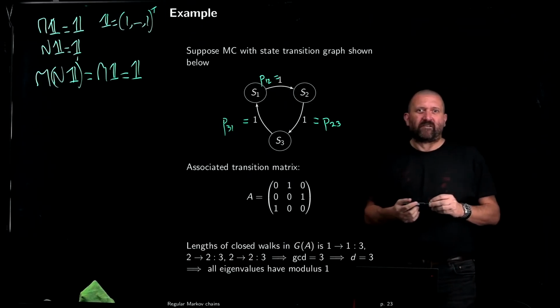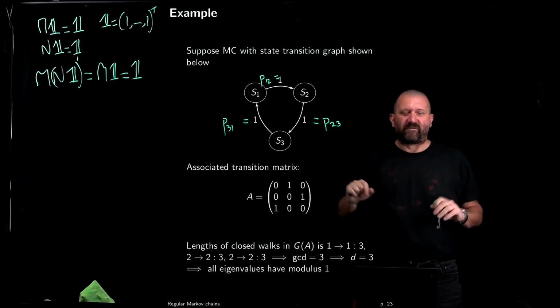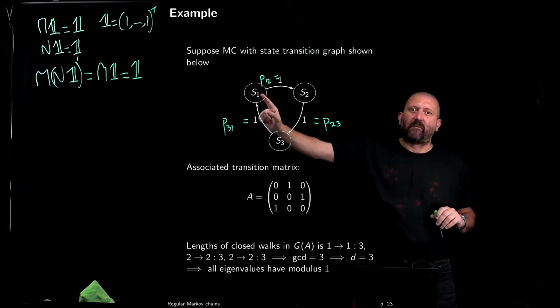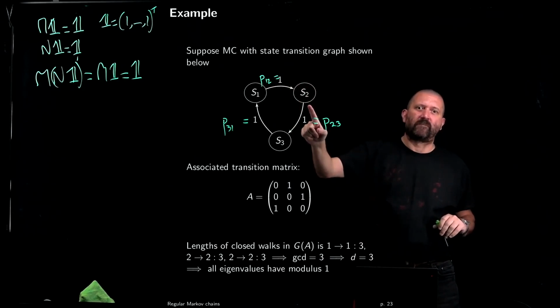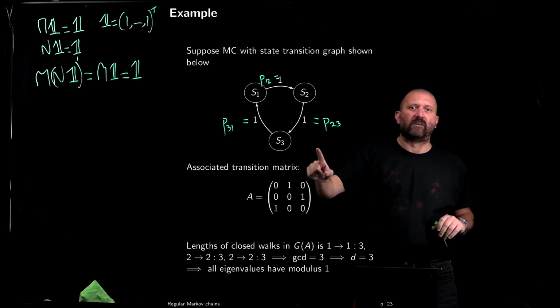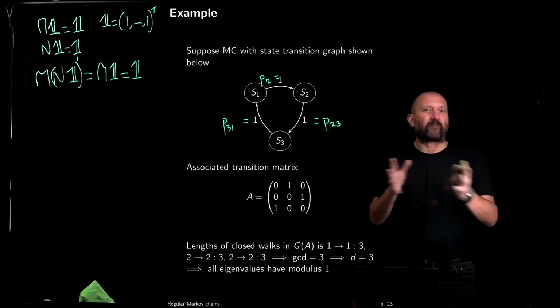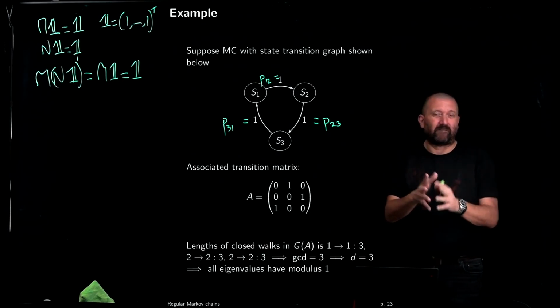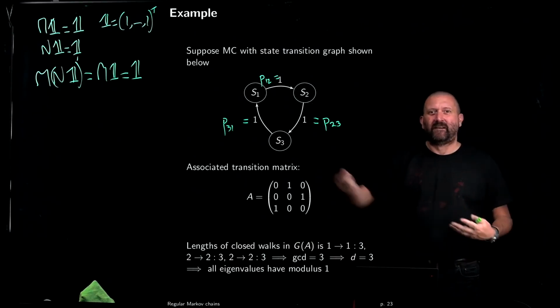So going back into what this means, it simply says that the probability of moving from state 1 into state 2 is 1. The probability of moving from state 2 into state 3 is 1. This means these movements are obligatory. I have no choice. If the probability is 1, this means I always do it.